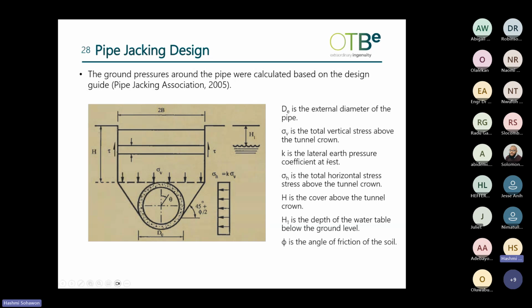We have the lateral earth pressure coefficient to get the horizontal stresses. Sigma H is the total horizontal stress. H is the cover of the tunnel above the crown, which is here. H1 is the depth of the water table below the ground level. And phi is the angle of friction of the soil in which we are tunneling.